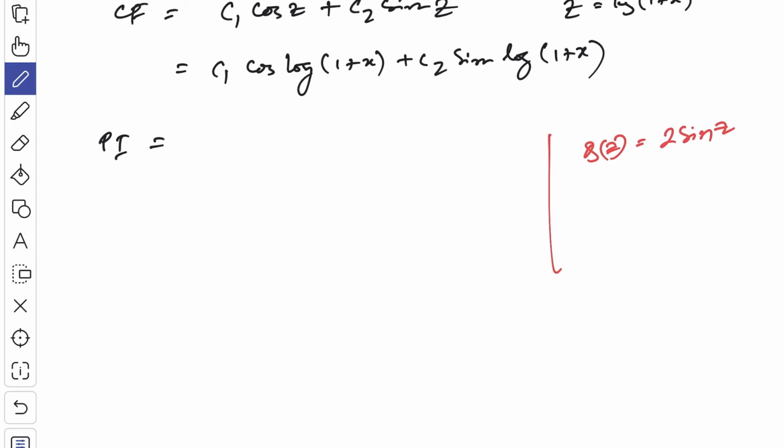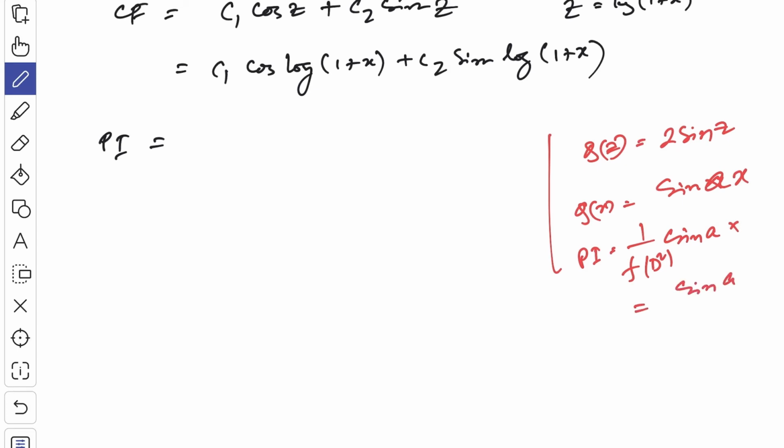We have already studied that when you have Q of x equal to sine ax, where a is a constant, then PI is given by 1 by f of d square times sine ax, that is equal to sine ax by f of d square, where d square should be replaced by minus a square, if f of minus a square is not equal to 0.